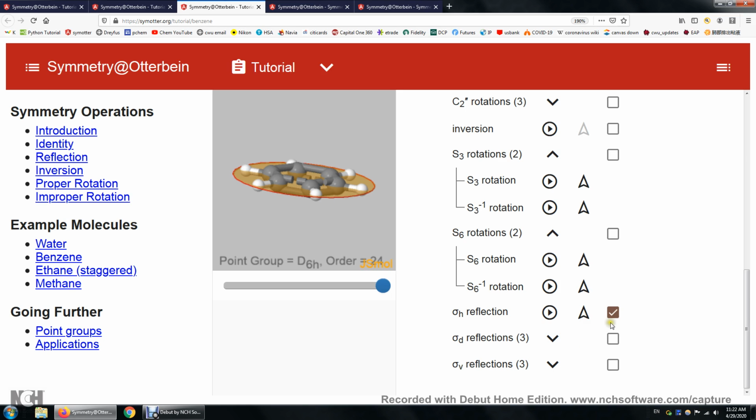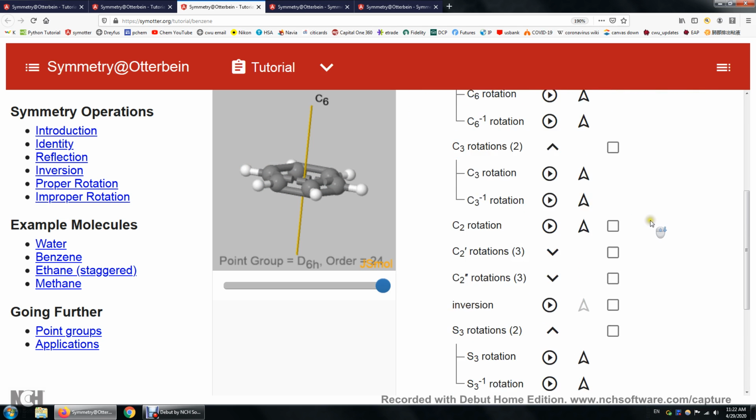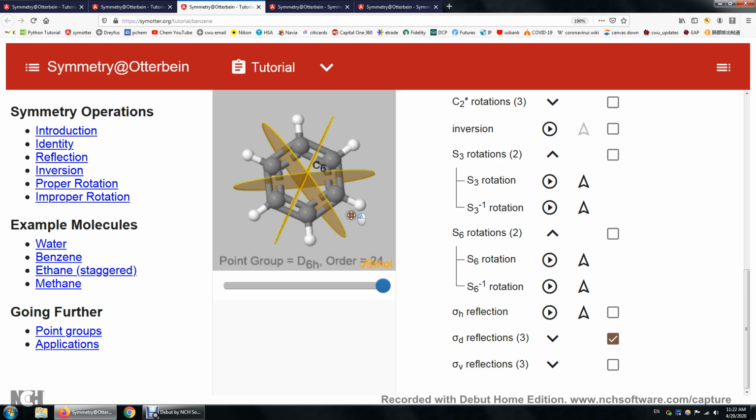So I want to show you the C6 here. This D stands for dihedral, V stands for vertical. So this sigma D's, I think, contain some of the C2 axes, and they also contain this principal C6 axis.